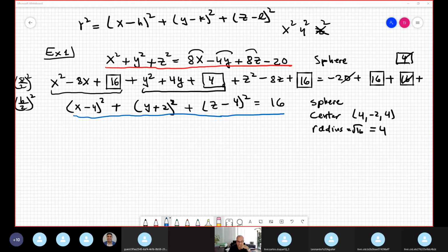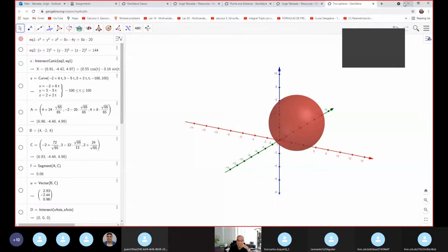Let me switch the share screen to GeoGebra. Okay, look at that.